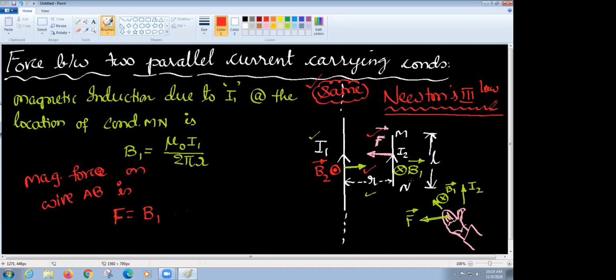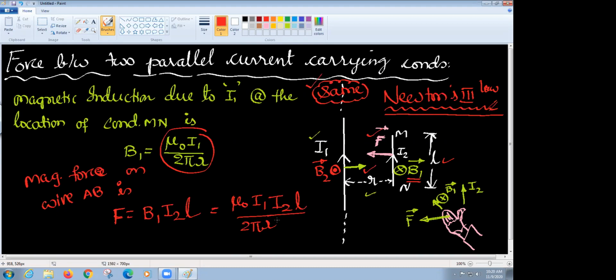So I have magnetic induction due to this current carrying wire I1, B1, I have I2 multiplied by L, right? So now what is B1 here? Now my B1 is this fellow. So just plug in here, mu naught I1 by 2 pi R, and this is I2 L.